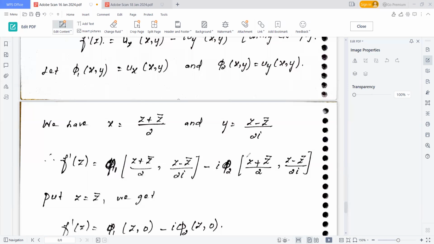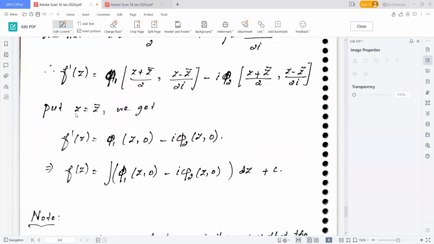Therefore, f dash of z equal to phi1 of z comma 0 minus i phi2 of z comma 0. So if f dash of z equals this, it means I need the function f of z only, isn't it?